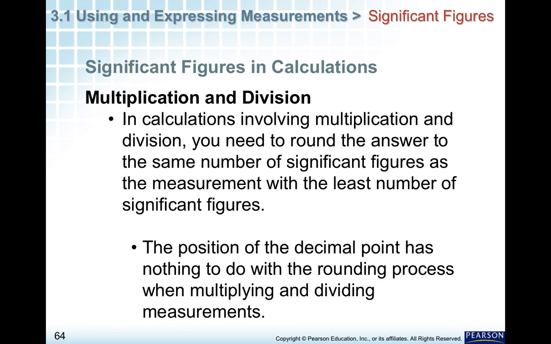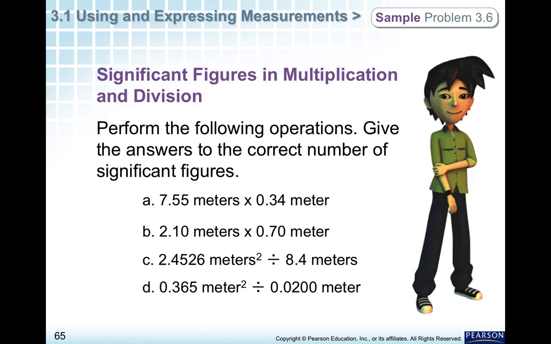It is a lot easier when we do multiplication and division, because when we look at multiplication or division, we determine the number of significant figures in each value, and the least number is how many you can report. So in this case, A, I'm multiplying a number with 3 significant figures by a number with only 2 significant figures.